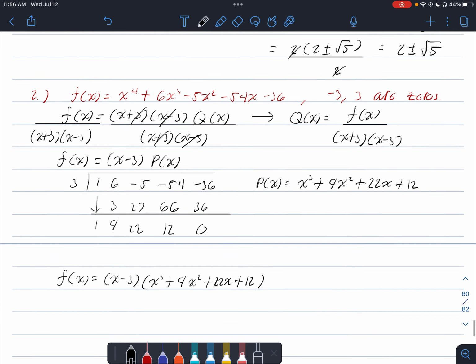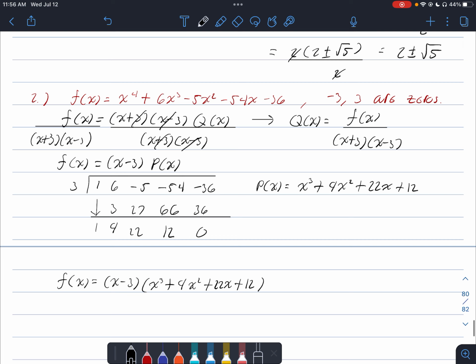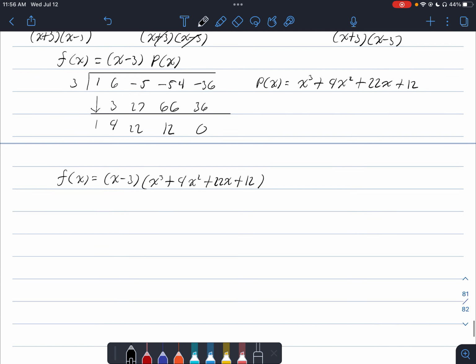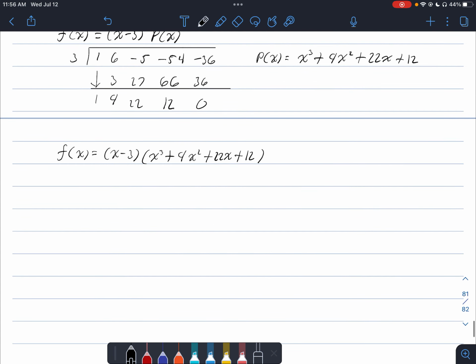Now we also know that negative 3 is a 0 as well. The nice part about that is since we already used the 0 of 3, we can now use the 0 of negative 3 to go ahead and factor this one. So we can factor this polynomial p of x, or we can at least write it as another product by using the other 0.